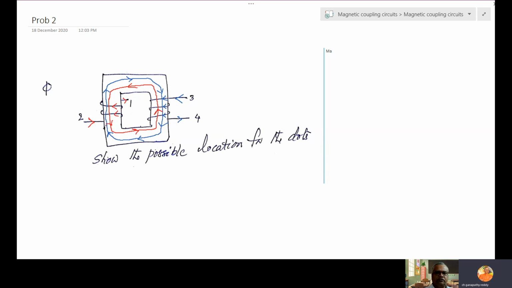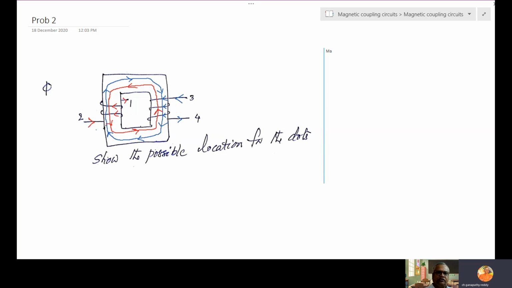So how are these two fluxes flowing? Opposite. Fluxes are flowing in opposite directions when we send current from 2 and 3.